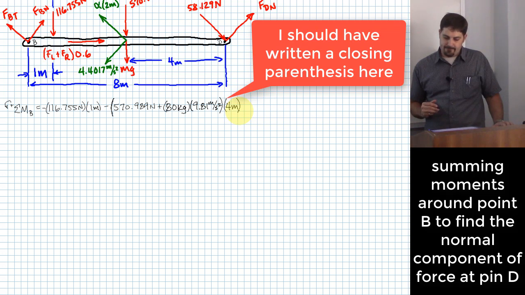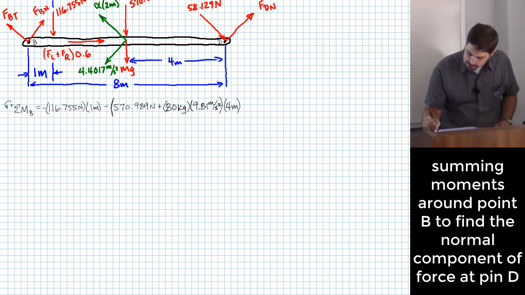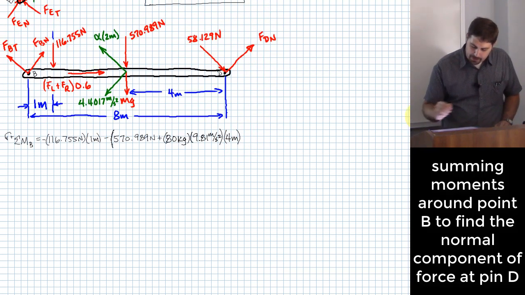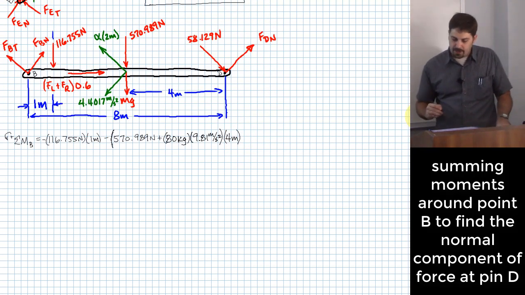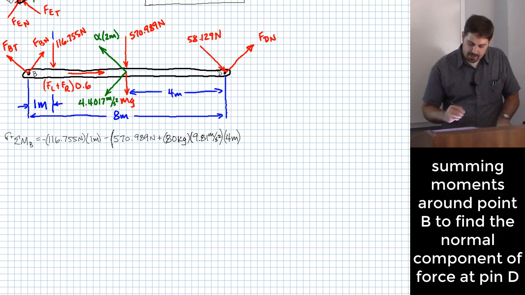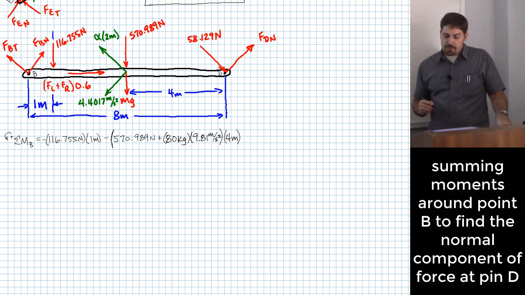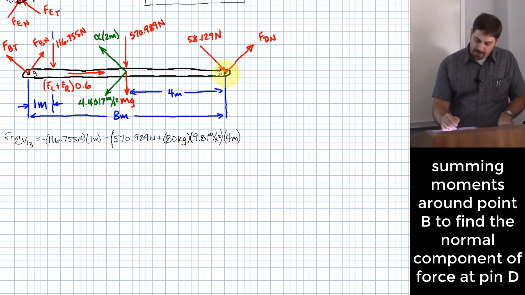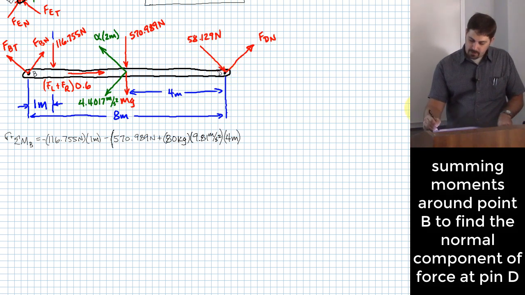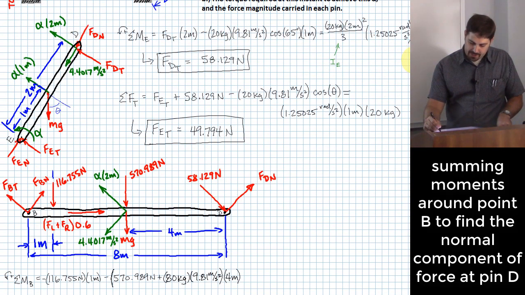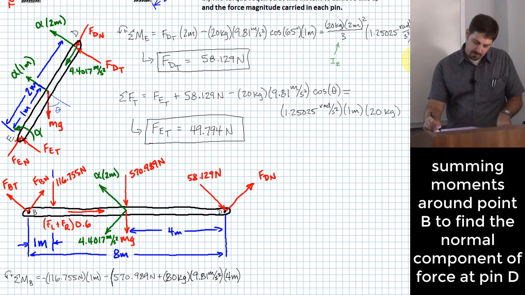Okay, so far so good. Now what? Okay, I tell you what, we need to also probably get a couple of angles identified on here to make this easier for us to see. That 58.129 Newton force up here acting on D, we can maybe take a hint from our last one and how those lined up, or maybe not, I can't remember.